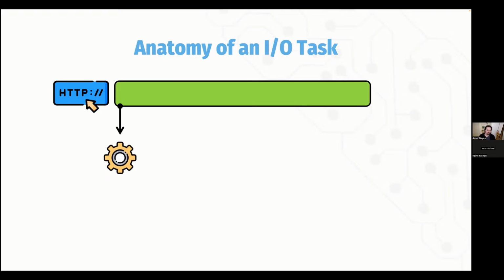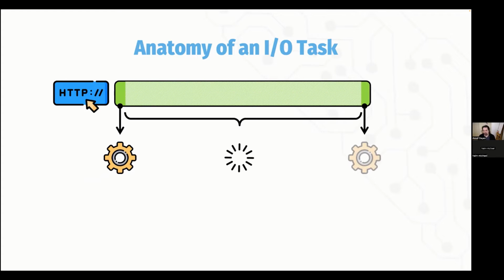The first part is some local compute. We are setting up the headers and the content, maybe we gzip the contents. In the second part, we send the data down the socket and wait for a response. When we get a response, the third part commences, where we parse the response and produce some output.